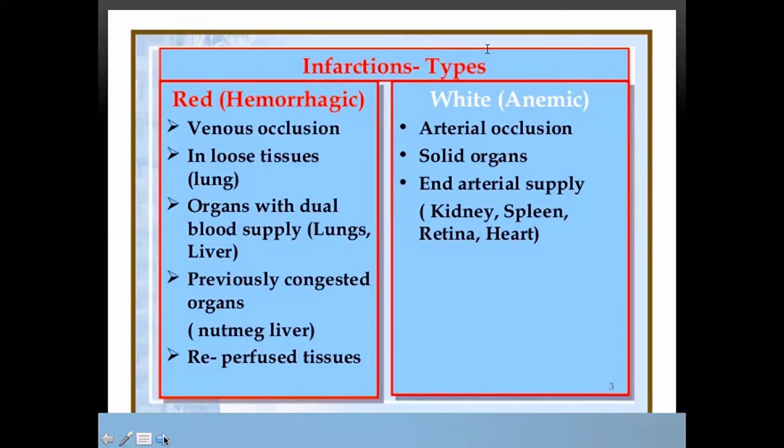So red infarcts are seen in loose tissues, in organs with dual blood supply, just like the lungs and the liver, and seen also in previously congested organs, no? Just like nutmeg liver, and also seen in reperfused tissues. Whereas white or anemic infarcts are seen in solid organs, or those organs with end arterial supply, like the kidney, spleen, retina, and heart.